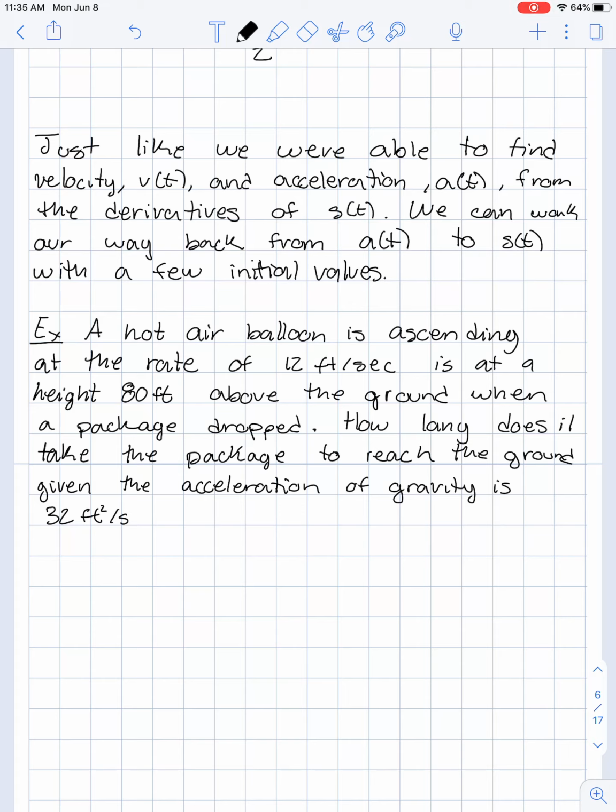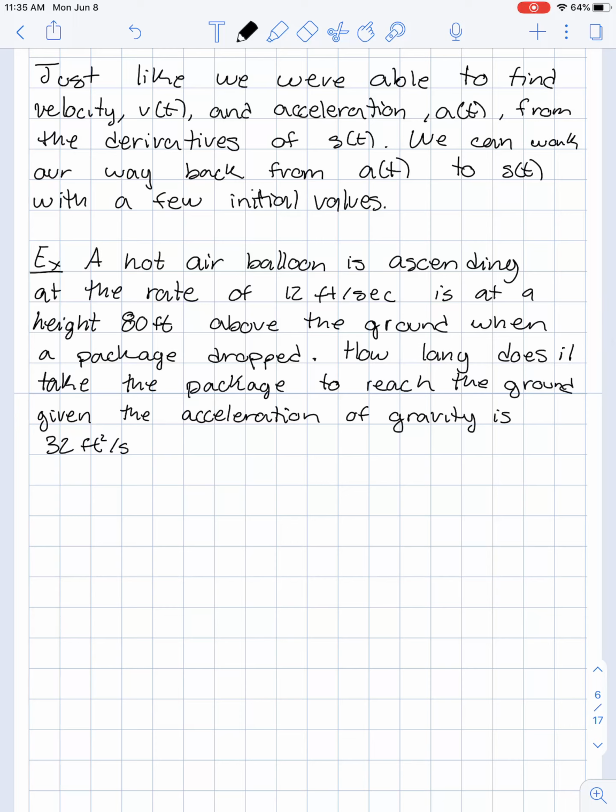So now if we're given acceleration, and a few initial values of s of t and v of t, velocity, we can get all the way back to position, the entire position function, all right? So if you tell me at one time the velocity and the position of something, and its acceleration, I can give you all of this information.